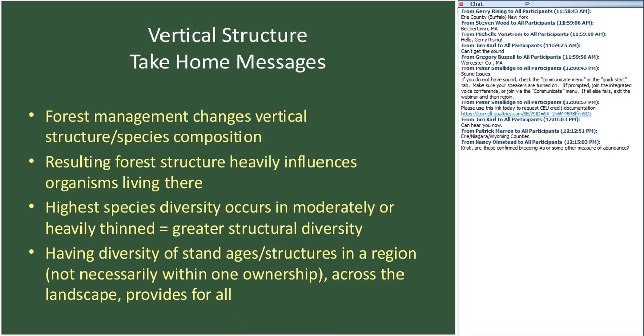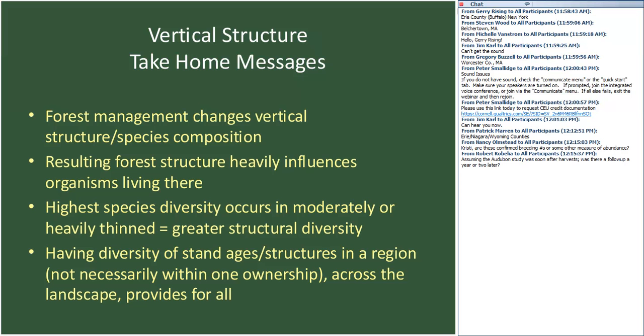Mammals tend to be similar to birds, where some like an early successional forest and some like a mature forest. The highest species diversity probably occurs in the moderately or heavily thinned stands, and having a diversity of stand ages and structures in a region. So not necessarily within one ownership, but again, looking at the big picture, having a diversity of those structures across the landscape can provide habitat for many more species.